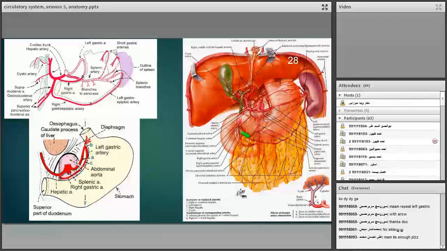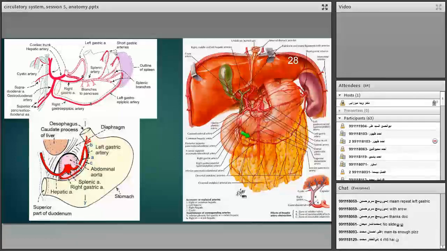From the right side, I have to finish the slides. Please listen. I'm explaining slide number 28. The right gastroepiploic branch is going to the big stomach curvature from the right side.